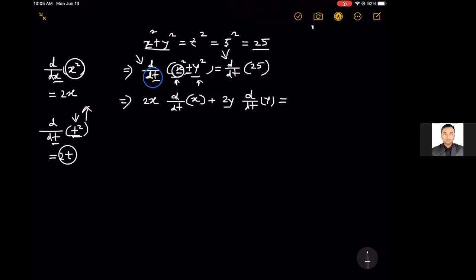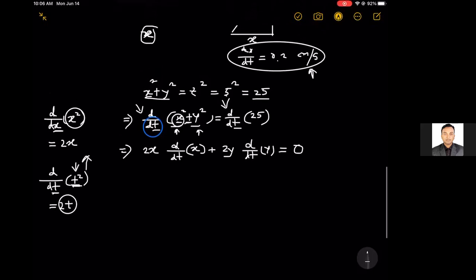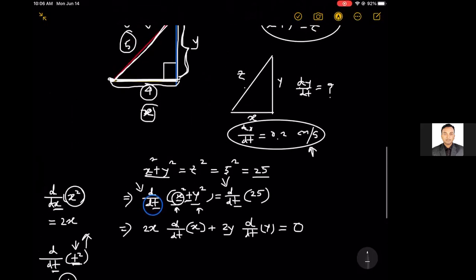Okay, what's the right hand side? What's the derivative of 25? 0. Exactly, it's a constant, so it doesn't matter in terms of what we're trying to find the derivative. It's a 0. Now we're trying to find the derivative of y in terms of t.